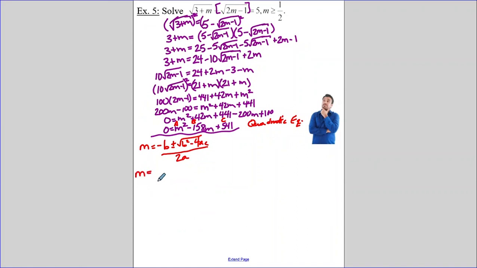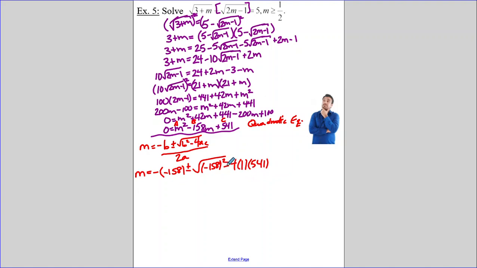So m is equal to minus a minus 158 plus or minus the square root of minus 158 squared minus 4, and then a is a 1 and c is 541.